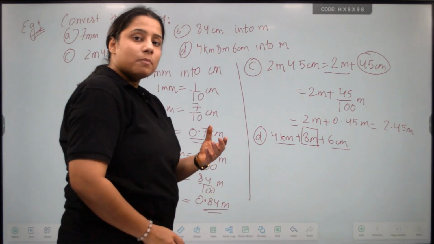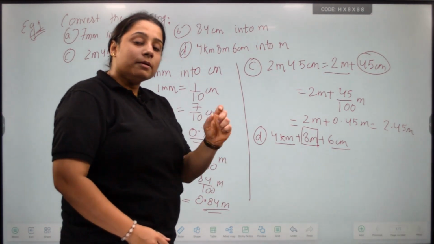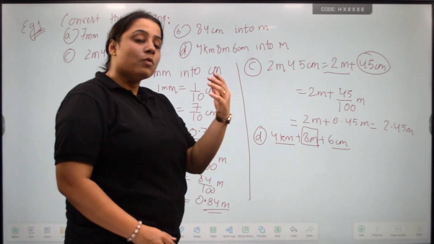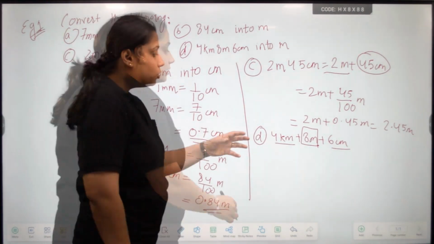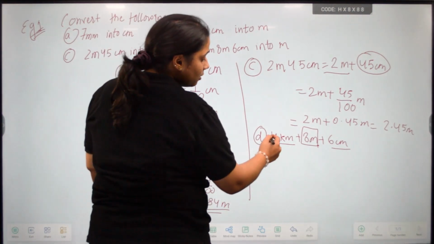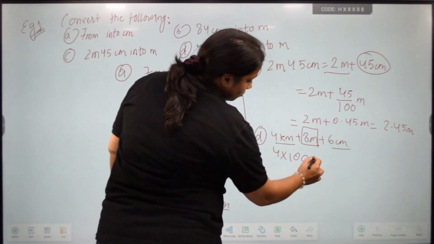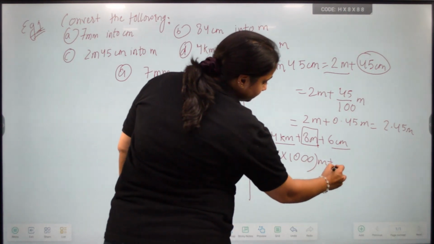We know that 1 kilometer is equal to 1000 meters. Hence we multiply this 4 by 1000, so it will become 4000 meters.